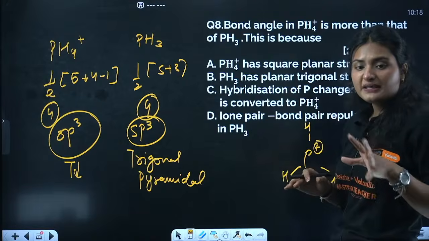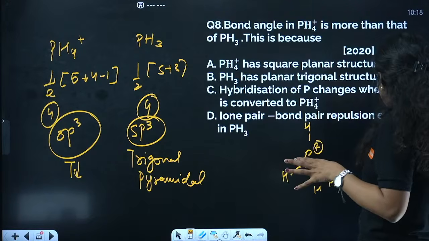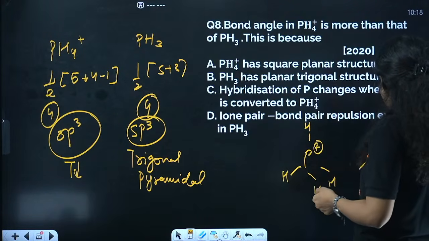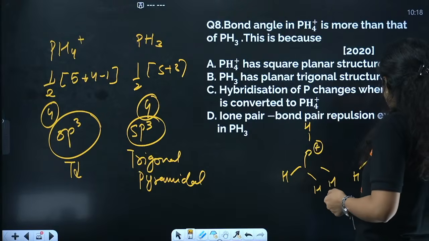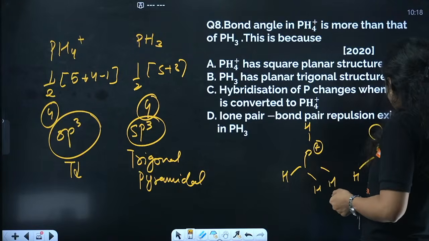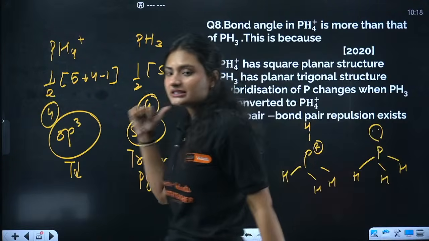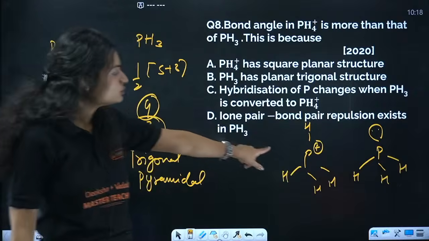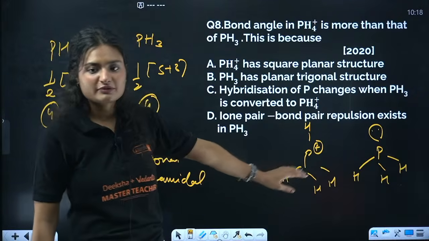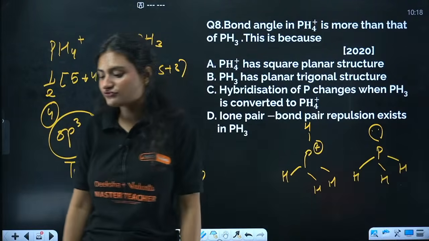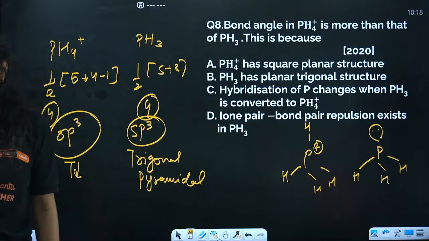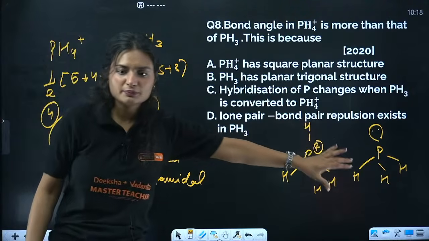PH3 has shape like this, trigonal pyramidal, like ammonia. Now see, there is a difference: there is no lone pair for PH4 positive, but there is a lone pair for PH3.